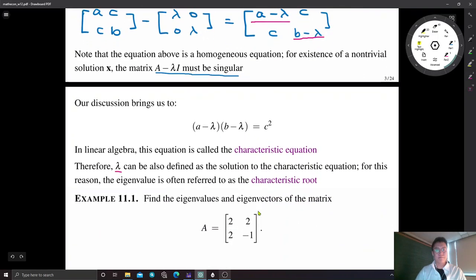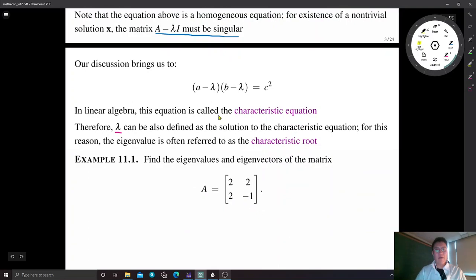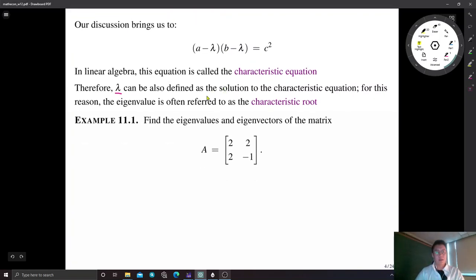Except for that difference, the definition and the way to find the eigenvalue lambda is exactly the same. So let me just restrict attention to this 2 by 2 case. Using this example, let me illustrate how to find the eigenvalues and eigenvectors.